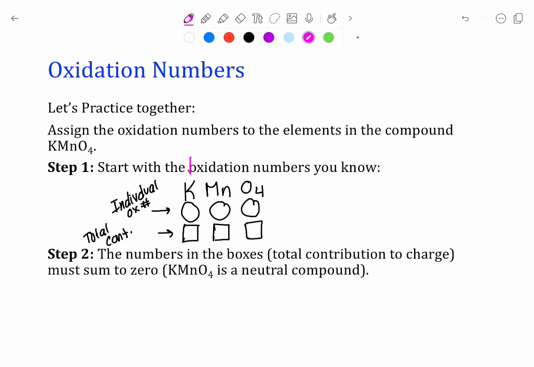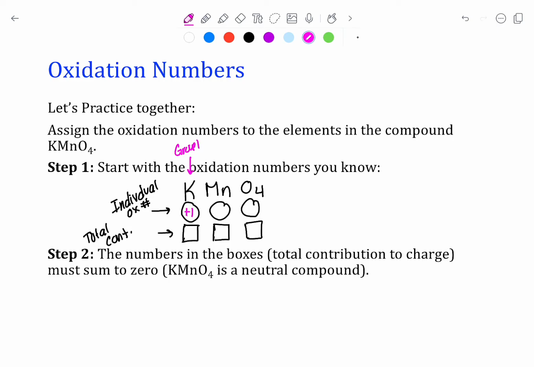Well, K is in group 1. We know group 1 will always have an oxidation number of +1. So we know K has +1. We put it into the circle because that's the individual oxidation number of just one potassium.